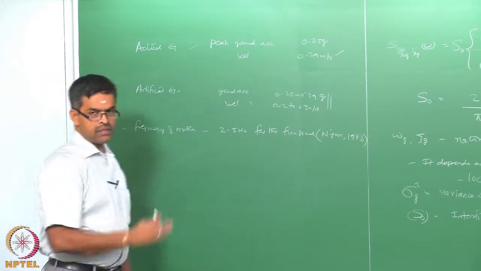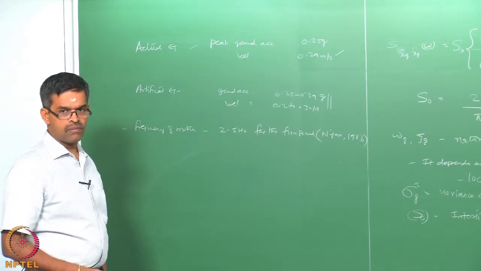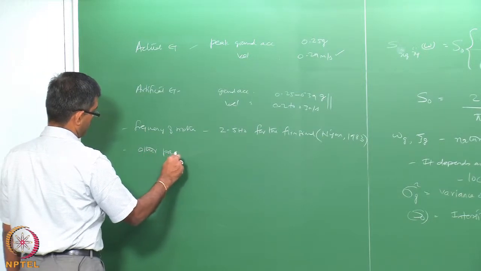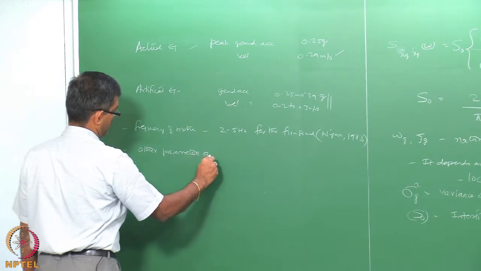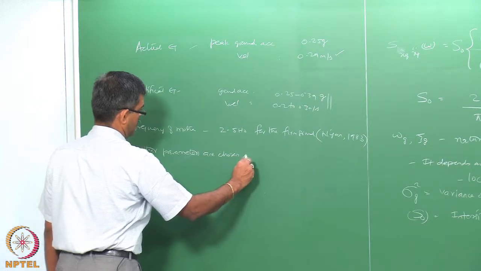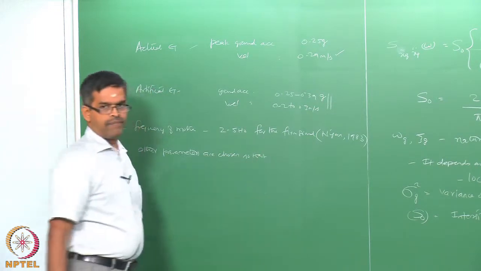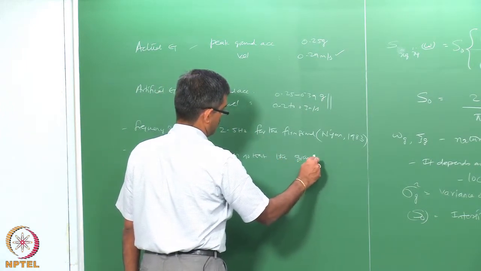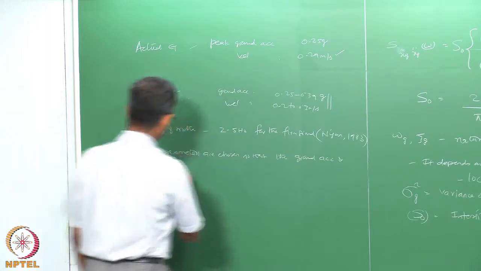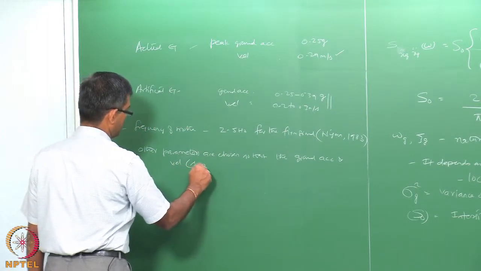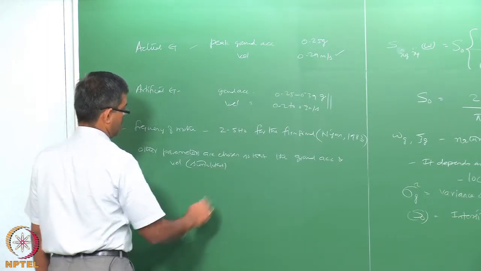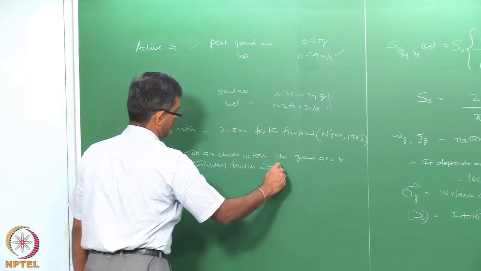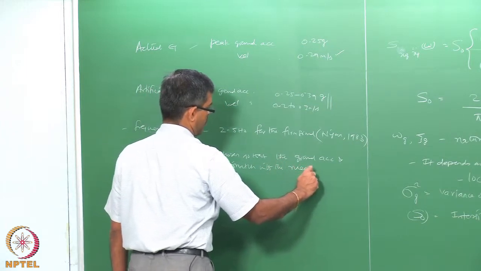The other parameters in KT spectrum are chosen accordingly, so that the ground acceleration and the velocity which is simulated match with the measured value.